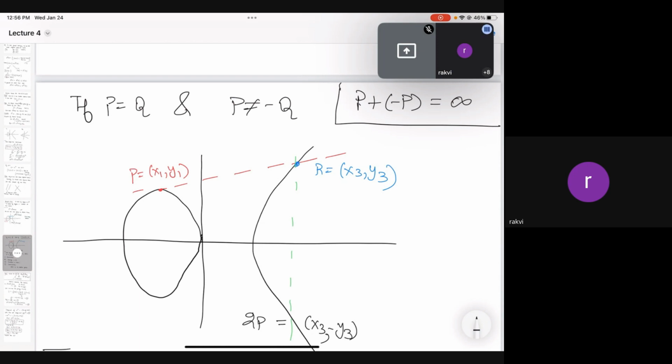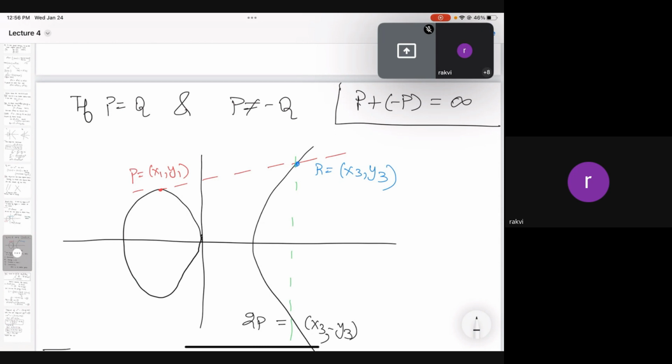If anybody knows the answer, otherwise it's okay, we will see how we compute it. So we take the derivative.